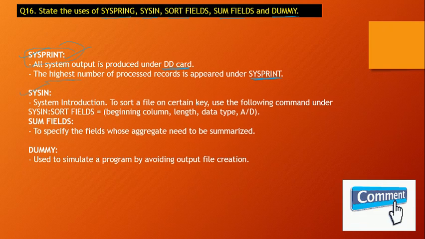To sort a file on a certain key, use the following command: beginning column, length, then data type, and ascending or descending order. SUM FIELDS specifies the field whose aggregate needs to be summarized. Like if you want to sum the marks of a student, you can use SUM FIELDS. DUMMY is used to simulate a program by avoiding output file creation. Like if you use an input file as DUMMY, then your output file will also have no data.